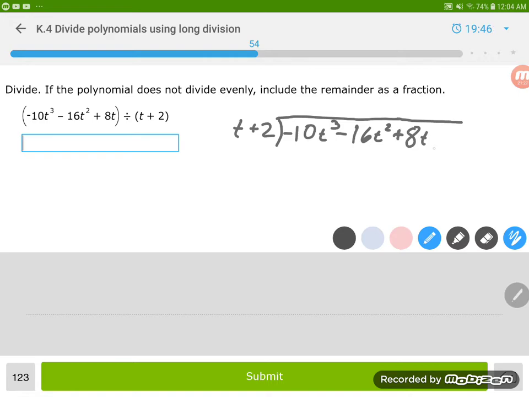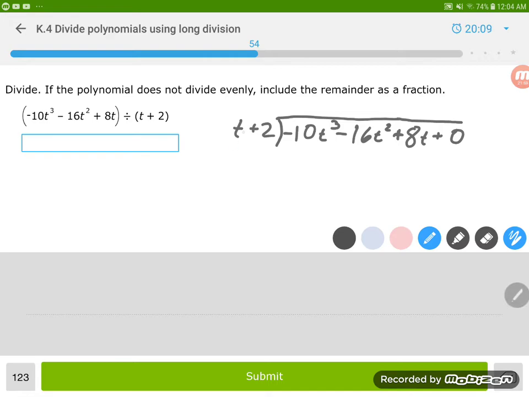So notice there's typically a constant term, something without a variable, but we don't have that here. So what I like to do is add that in there by just saying plus 0. Now, it's not going to change the problem a whole lot, but it is going to help us out as we go through this, and it'll be a placeholder just to make sure that nothing gets messed up.